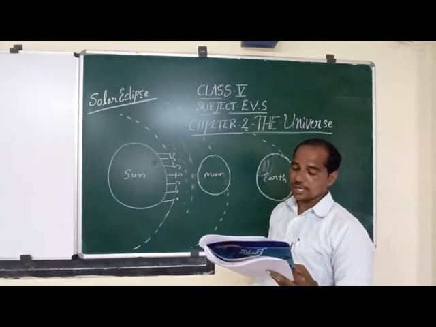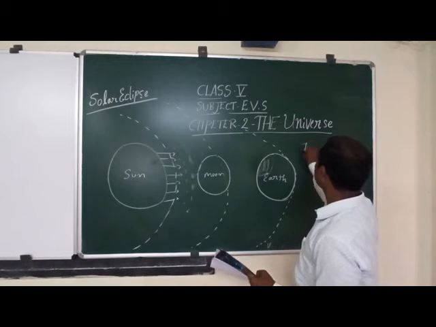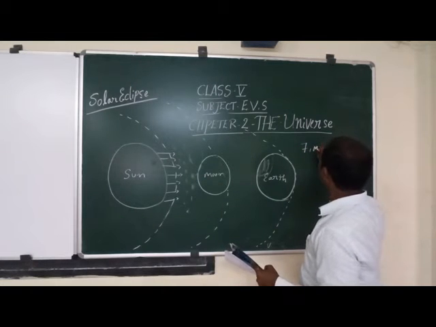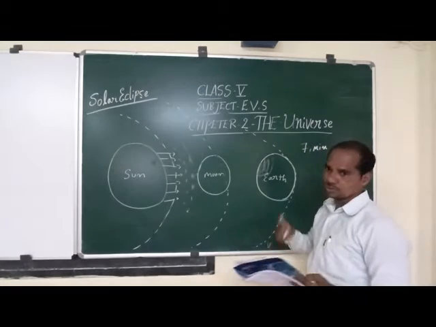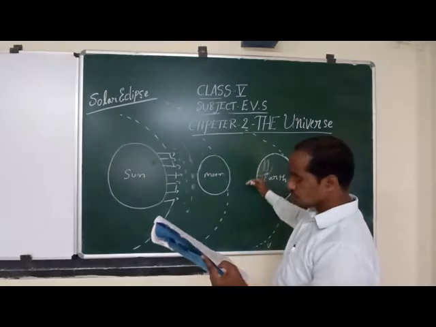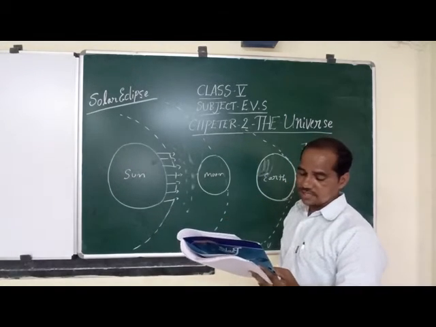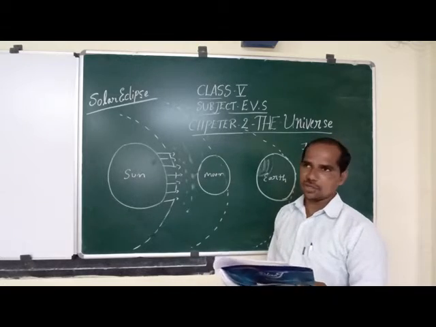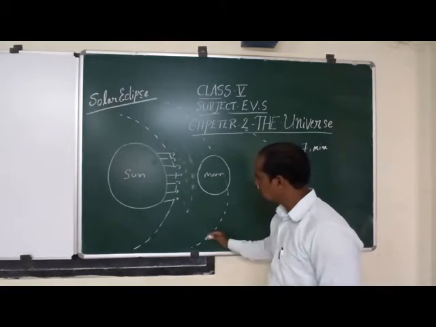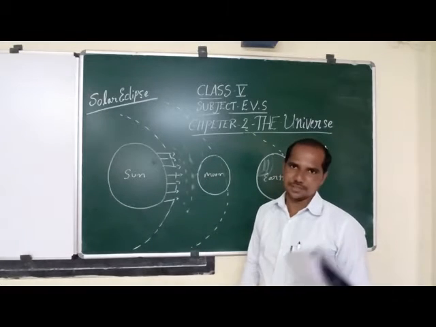A total solar eclipse does not last for more than 7 minutes. Then as the moon moves away on its journey, the sun rays reach the earth again and the sun appears.